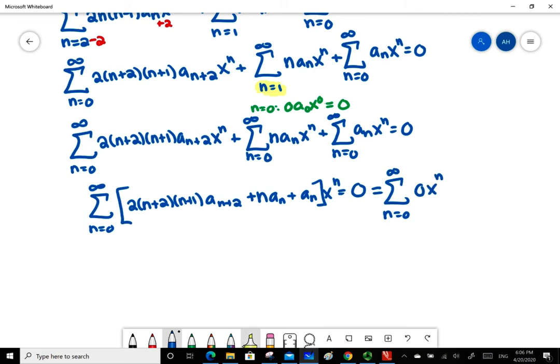So the whole expression in brackets has to be equal to 0 for all n. In other words, 2 times n plus 2 times n plus 1 a sub n plus 2 plus n plus 1 a sub n equals 0 for all n greater than or equal to 0.